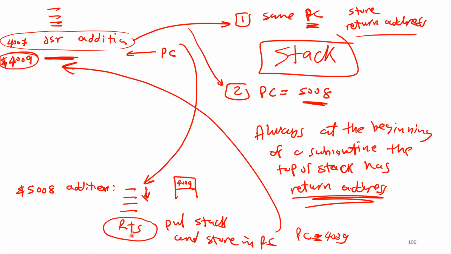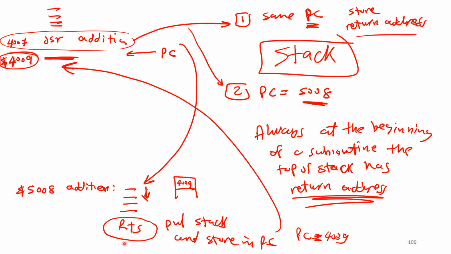Number two, in order to move from here to here, this instruction is gonna store the beginning address here and put it in PC. Number three, once I come here, in the beginning of the subroutine, the top of the stack is always storing the return address, right?